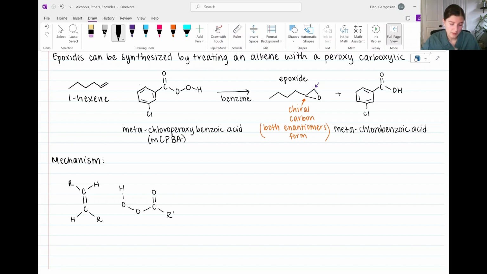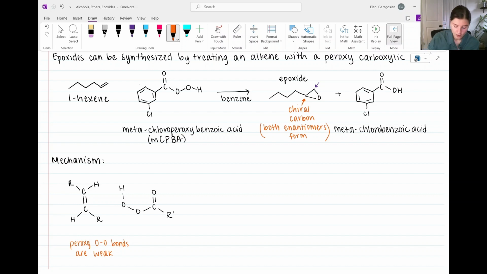Okay, so the oxygen to oxygen bond in any peroxy molecule is a weak bond. That bond is certainly going to break in this mechanism.